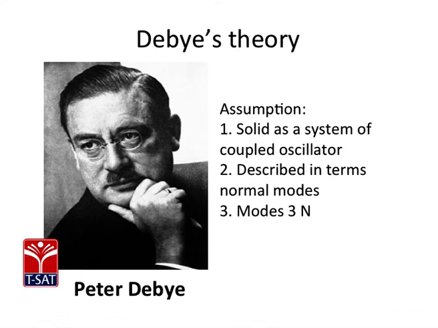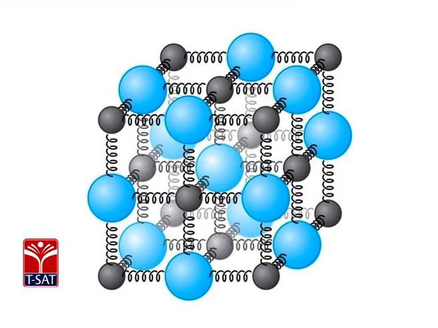3 times means x direction, y direction, z direction. N is the number of atoms given by Avogadro number. You can see in this particular visual that these are the atoms. They have spring-like structures here.